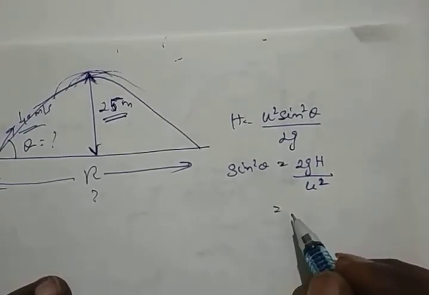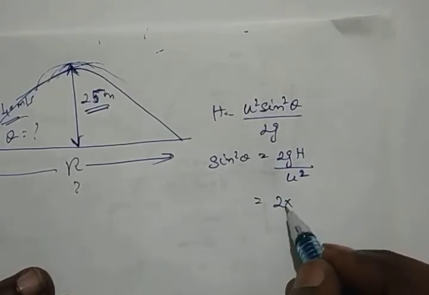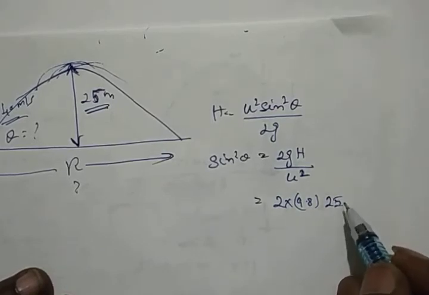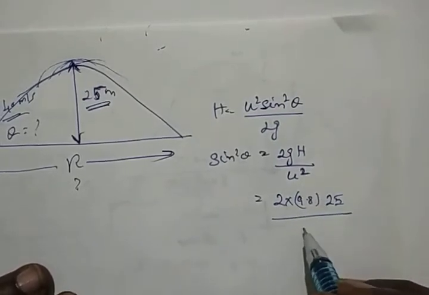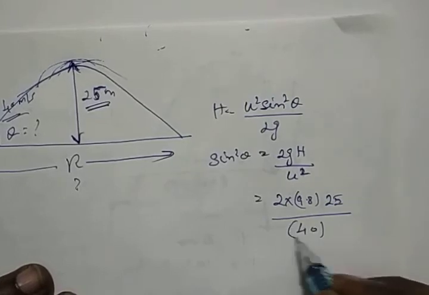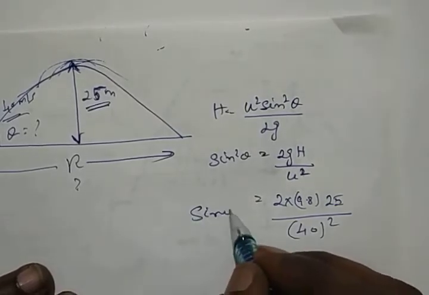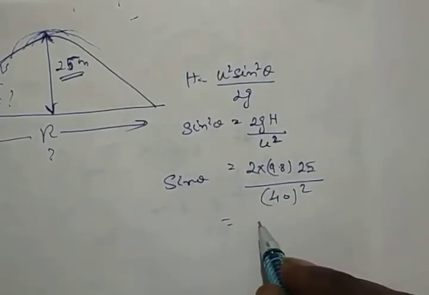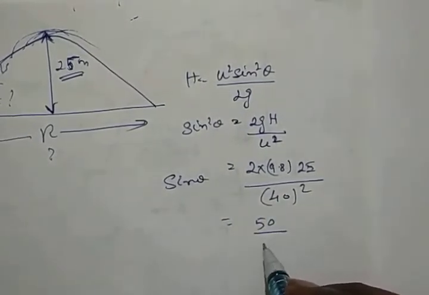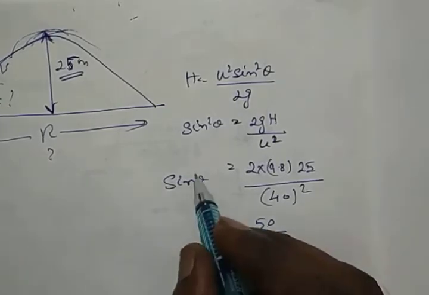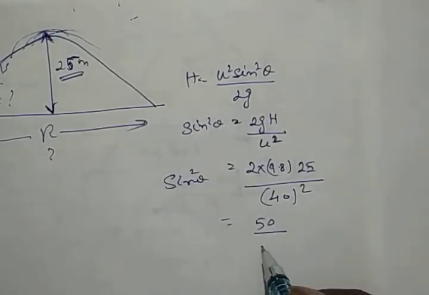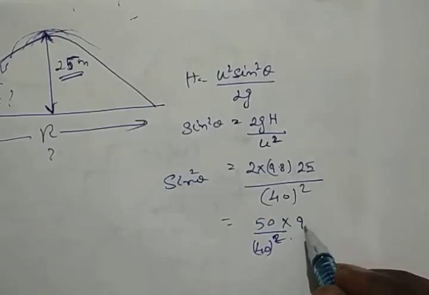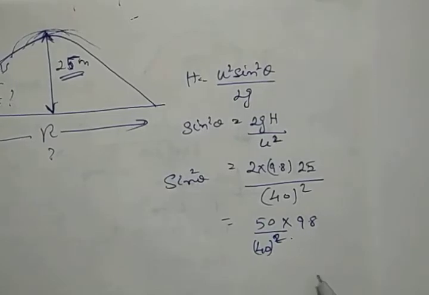So here g is 9.8. 2 into 9.8 into height, which is given here as 25 meters, upon u square, which is 40 square. That is sine square theta. So if you do this one, 2 into 5 is 50 upon 40 square into 9.8. So you get this as a value.